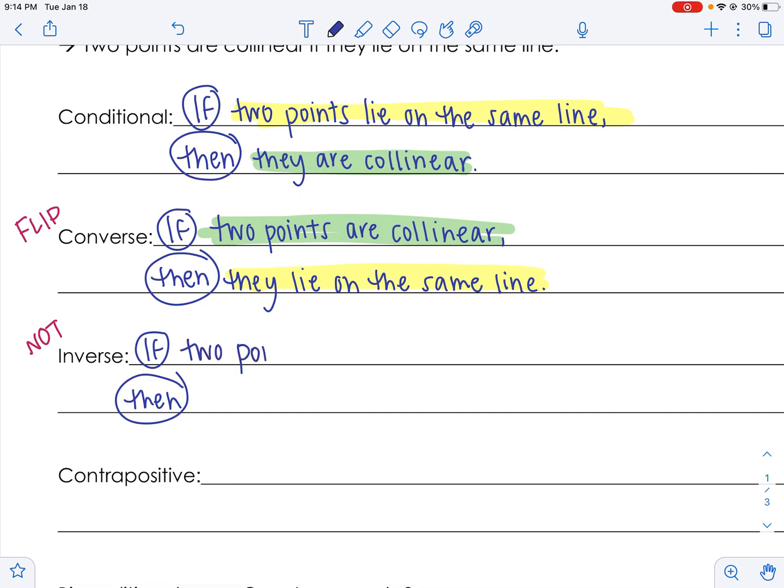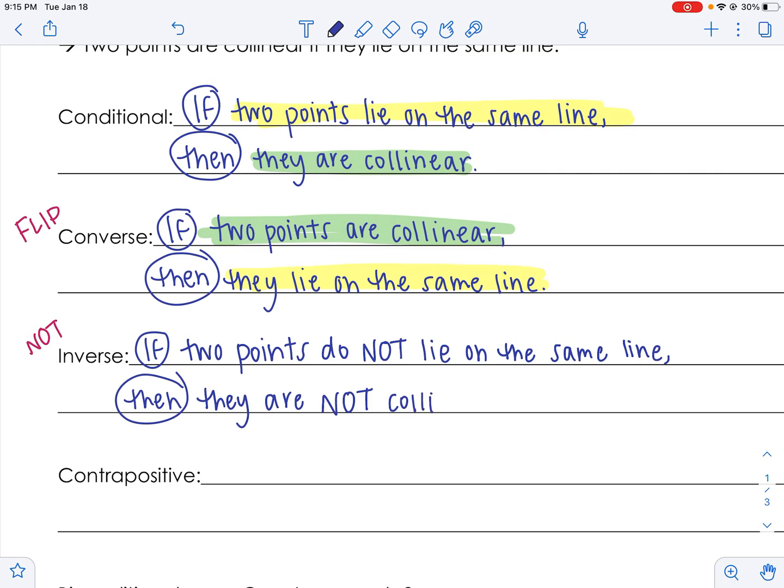So if 2 points do not lie on the same line, then they are not collinear.